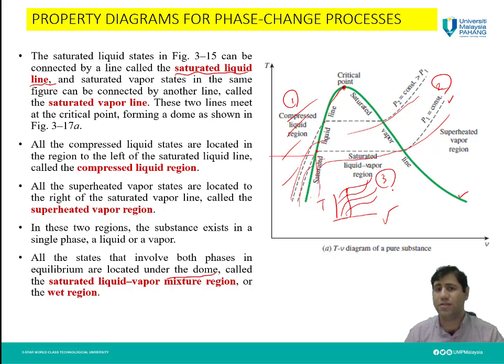We have three different regions and two different lines: the superheated vapor region on the right side, the compressed liquid region, the saturated liquid-vapor region, and the critical point. And these two lines are the saturated liquid line and the saturated vapor line. This saturated liquid-vapor region is also called the wet region, where we have lots of liquid and vapor in saturated state.